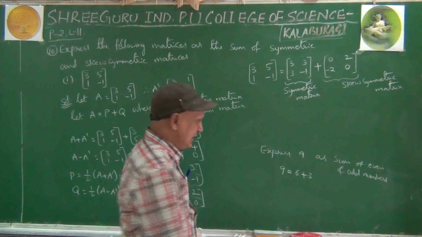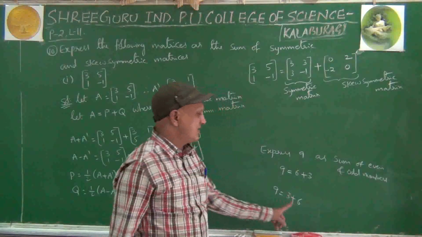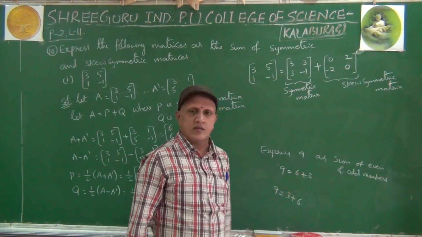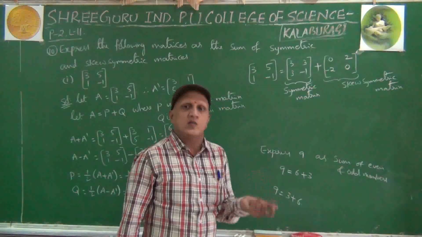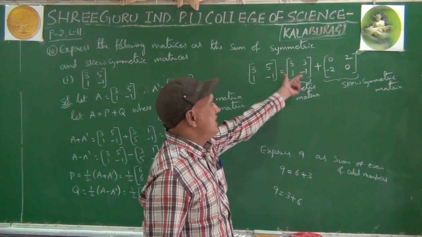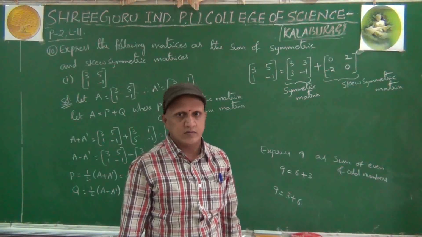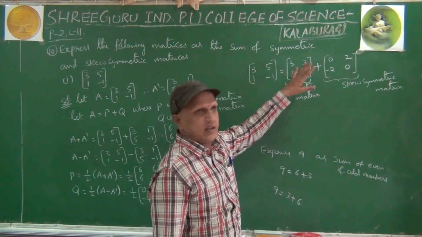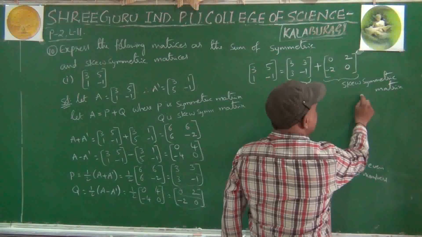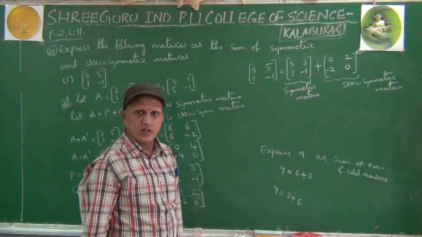One person writes like this, another person writes like this: sum of even and odd. Which is even, which is odd, that we have to mention in the examination. Which is symmetric, which is skew symmetric, you have to mention compulsorily. This is the symmetric, this is the skew symmetric matrix, then only you get the mark. Understand?